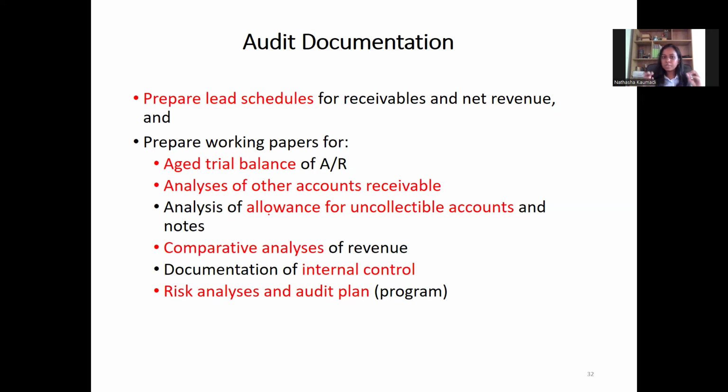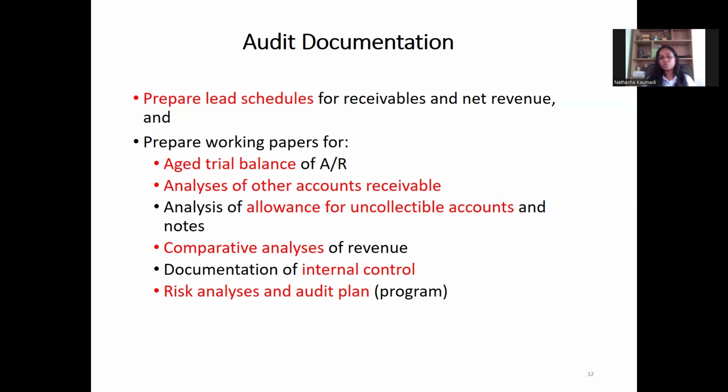Likewise, you have to show workings separately. Comparative analysis: you can compare this year revenue with last year. This year month-wise revenue with last year month-wise revenue. Product-wise revenue you can compare. Industry-wise revenue you can compare. So you can do comparative analysis.